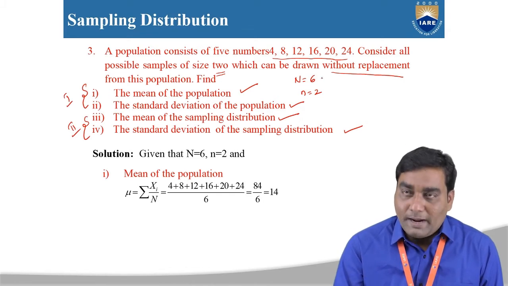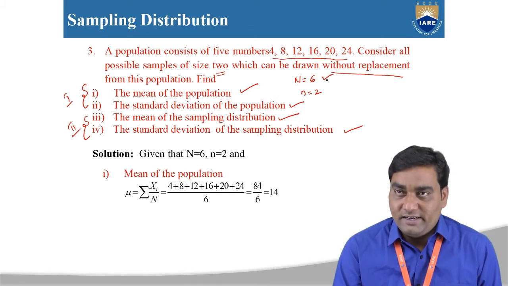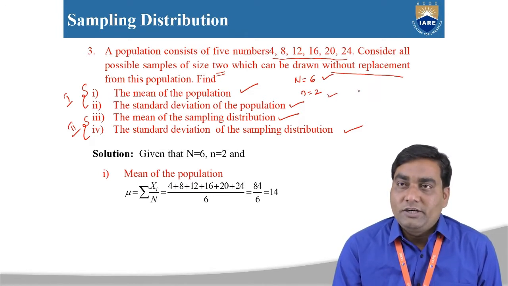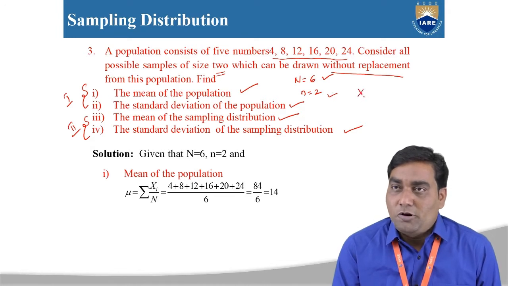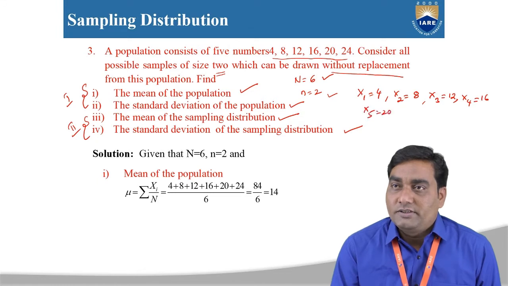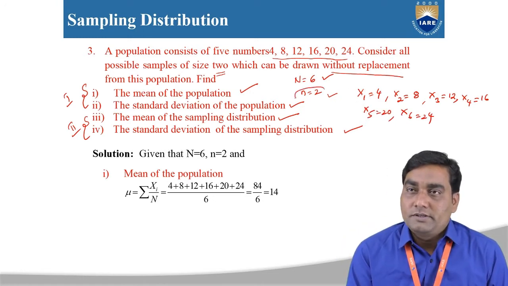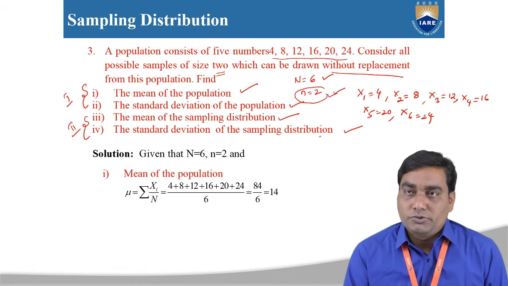According to the problem, population size capital N is 6, with x1 equal to 4, x2 equal to 8, x3 equal to 12, x4 equal to 16, x5 equal to 20 and x6 equal to 24, and sample size small n equal to 2.